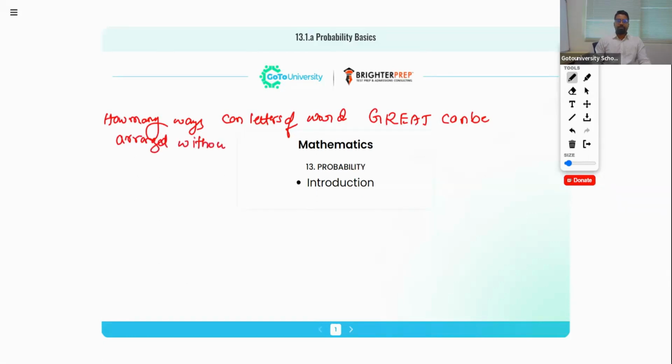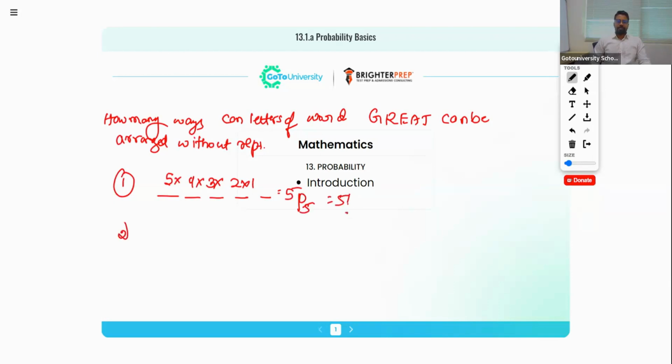Without repetition, there are 5 letters in the word, so it is 5 into 4 into 3 into 2 into 1, which is simply 5P5 or 5 factorial.